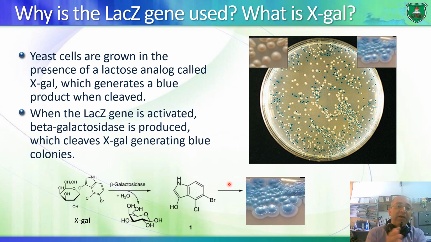Beta-galactosidase then cleaves X-gal, and the yeast cell and the whole colony becomes blue in color. If X and Y do not interact with each other, there is no beta-galactosidase, no cleavage of the X-gal, and as a result, there is no blue color, and the colonies would look white in color.